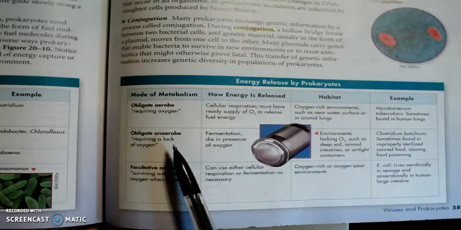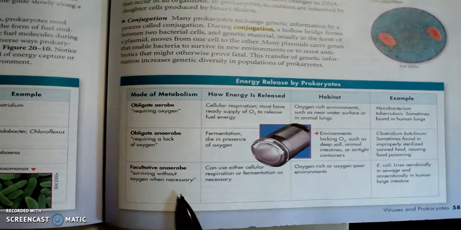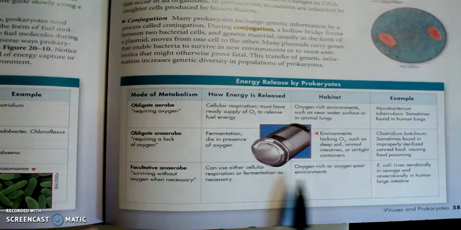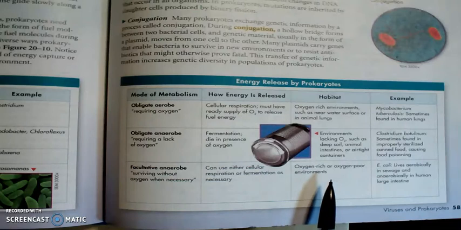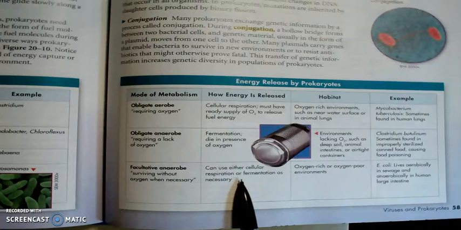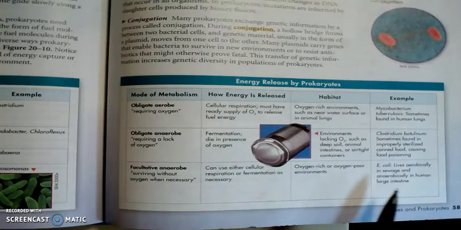Oxygen will kill them. And then these guys, facultative anaerobes, they can live with or without oxygen. And these organisms, quite fortunate because if they're living in an oxygen-free environment, they're going to be okay, or they can live in an oxygen-rich environment. They can use either cellular respiration or fermentation as necessary. An example of this would be E. coli. Well, we find E. coli just about anywhere now.